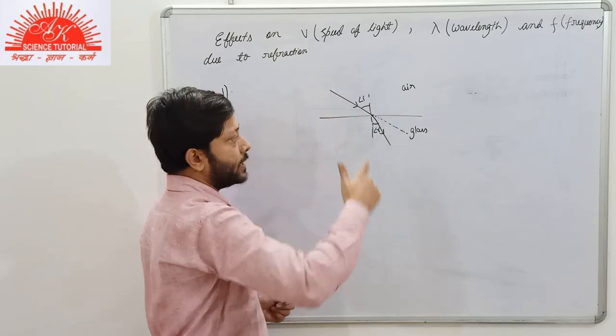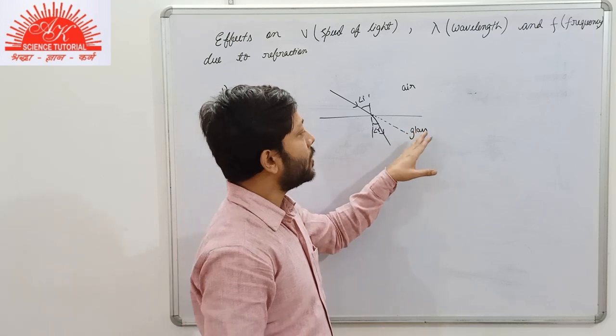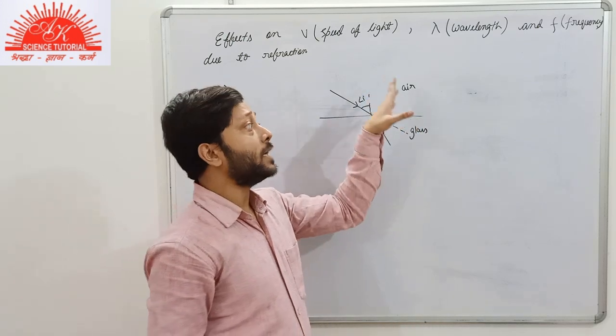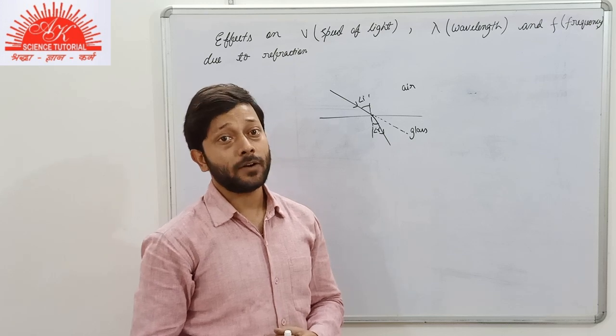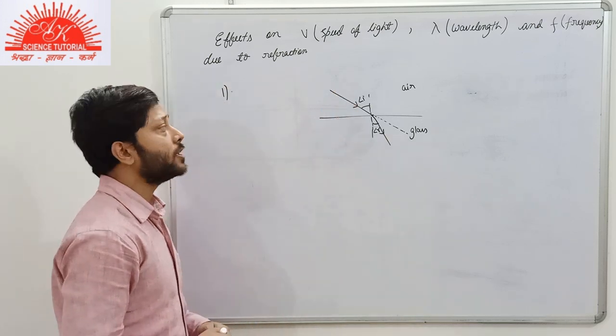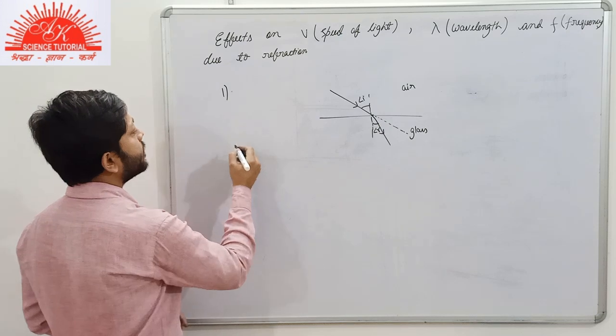If we reverse the case, if the light ray has to travel from glass to air, that is from a denser medium to a rarer medium, then the speed of light will increase. So there will be a change in the speed of light. I'll mention it here.